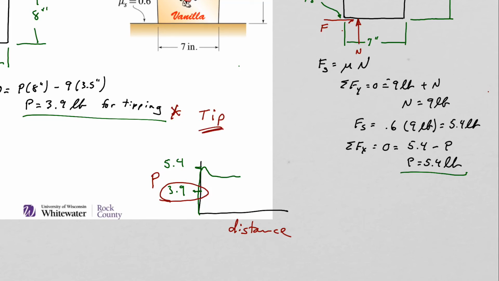Okay. Let's take this problem one step further and analyze, if I redesigned this bucket, where would it be such that it might tip or slide first? How wide do I need to make that bucket? So let's draw a new free body diagram.